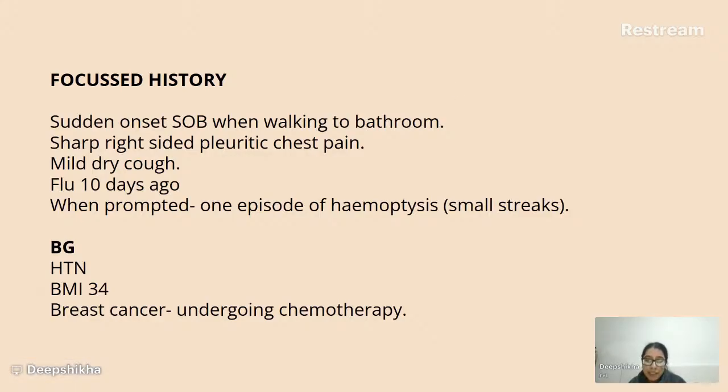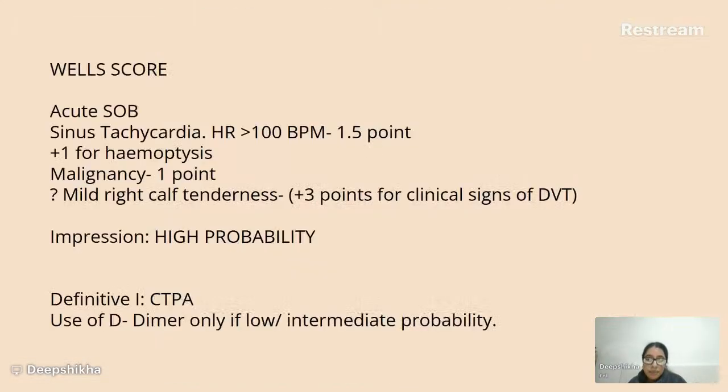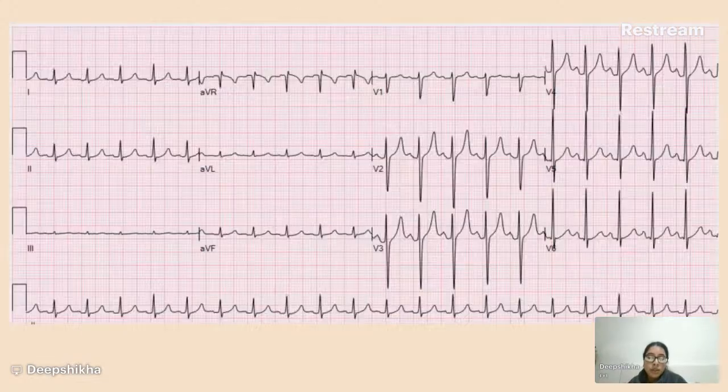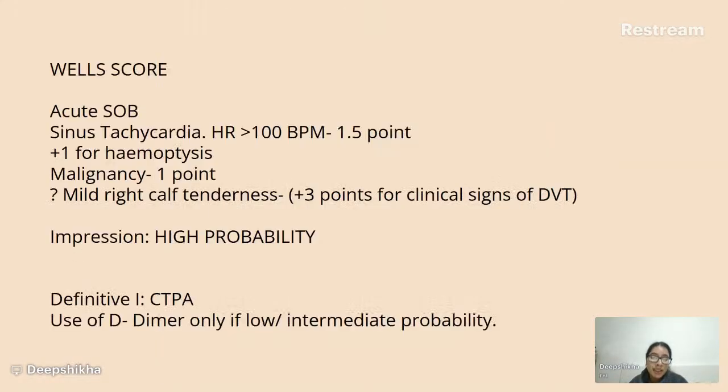Risk factors for PE are there. And in PE, the chest X-ray and the ECG will often be fine. I know we're taught about the S1Q3T3 pattern, but it's actually quite rare. Most of the time you'll just see sinus tachycardia.